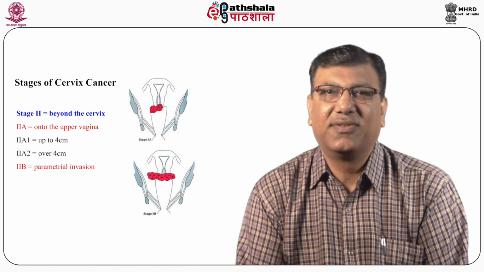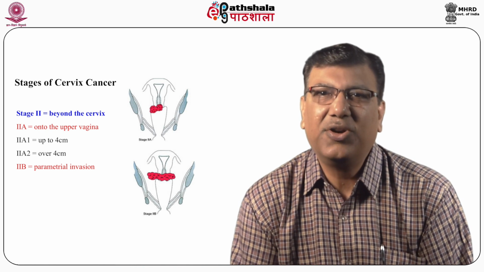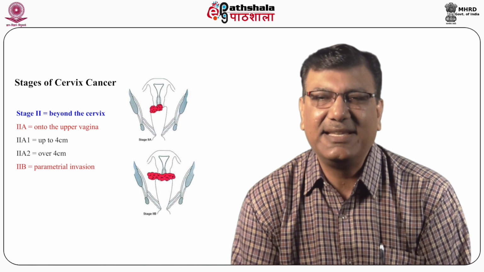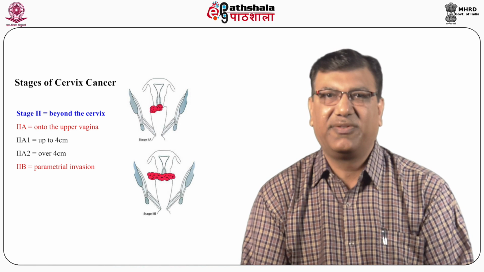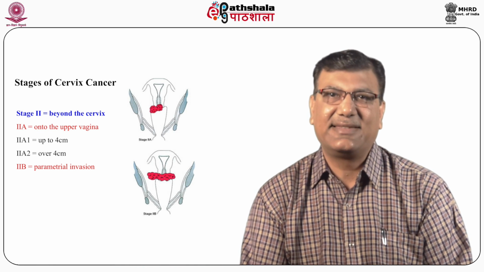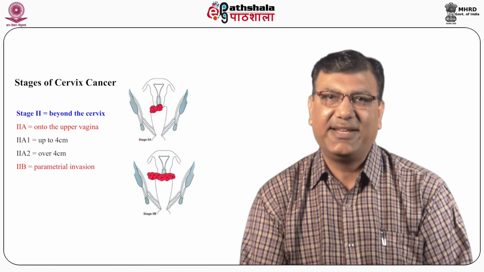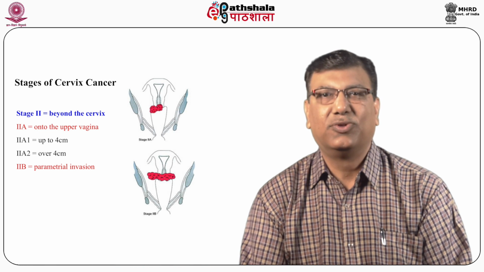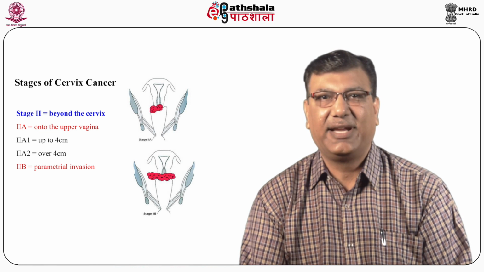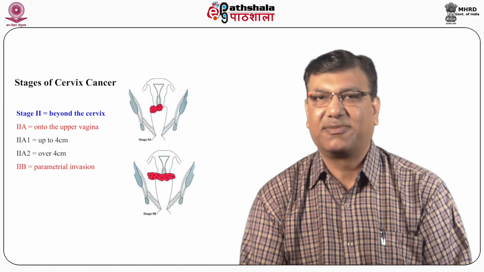In the second stage of carcinoma cervix, disease is extended beyond the cervix. Stage 2A is onto the upper vagina, 2A1 up to 4 centimeter, 2A2 over 4 centimeter, and in 2B parametrial invasion takes place.